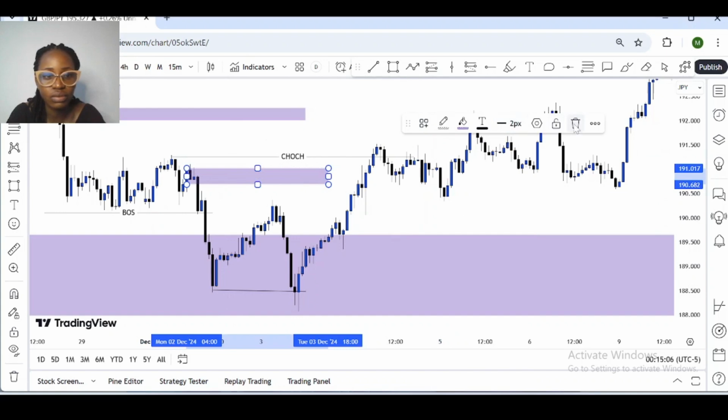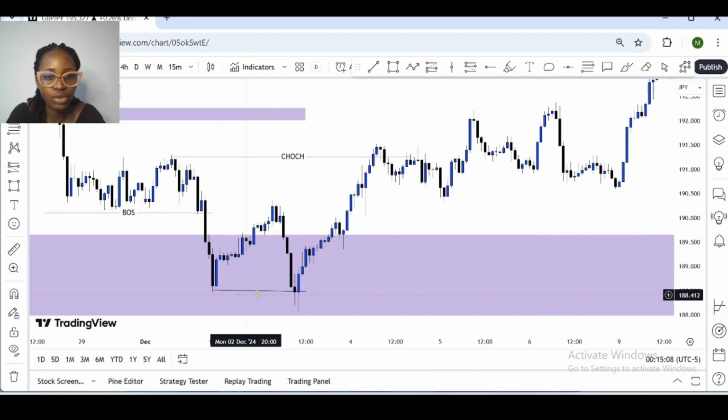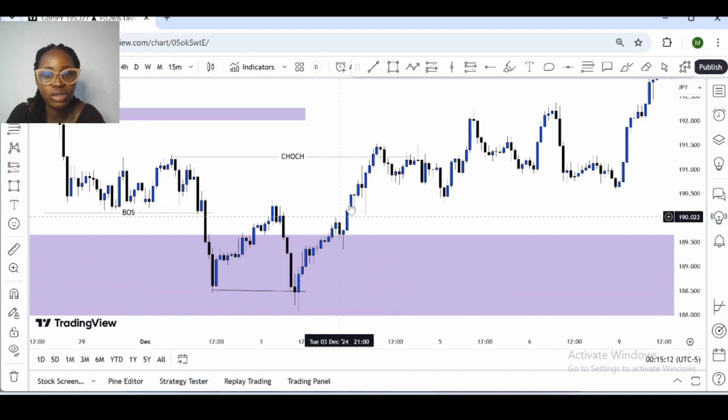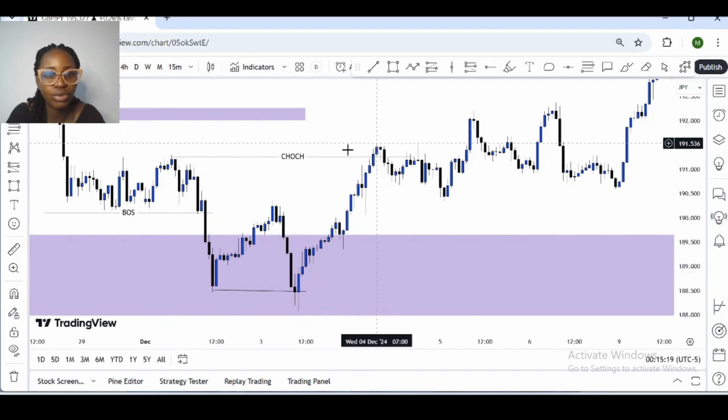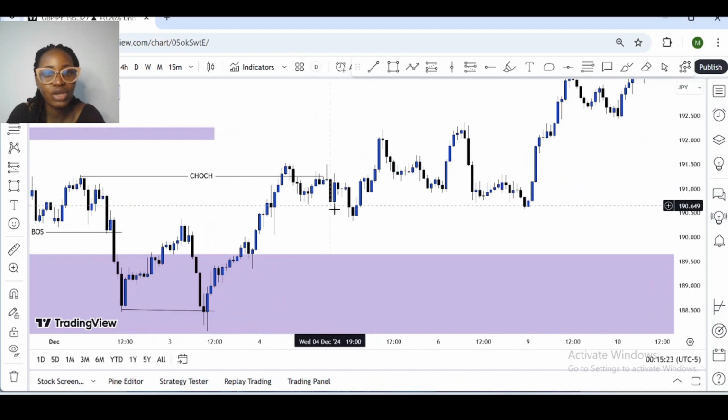Let me take this off. Price created an equal low here and did not give us a new break of structure. Rather, it changed its momentum. It changed its character from a downtrend to an uptrend, right? So at this point, we have a change of character and price started delivering to the upside.